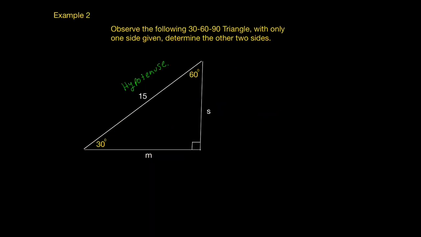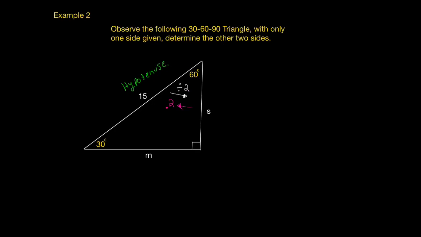So remember that in order to navigate starting at the small side and going towards the hypotenuse, we usually multiply by 2. But this time, we don't want to go from small to hypotenuse. We want to go from hypotenuse to small. So we're going to divide by 2. So to go the other direction, I'm going to divide by 2.